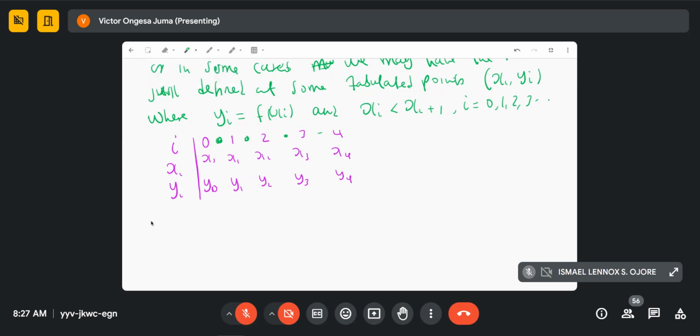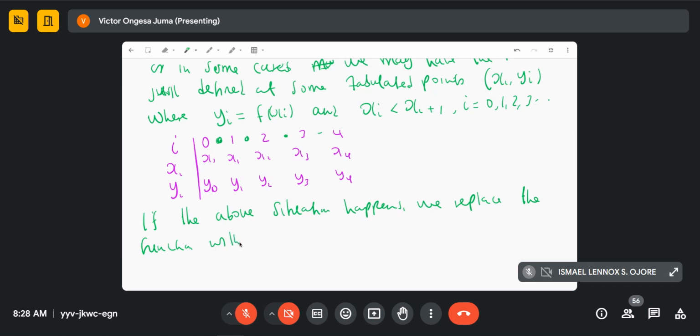So that's what I'm saying, that if the above situation happens, then we replace the function with a simpler function.